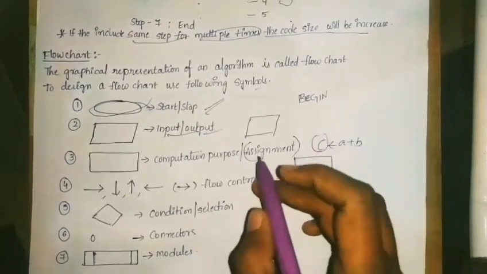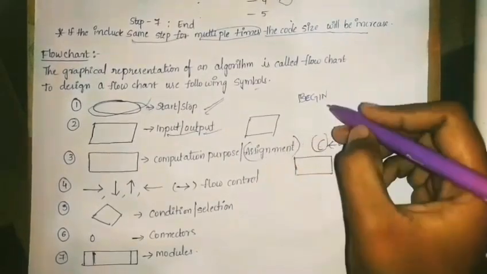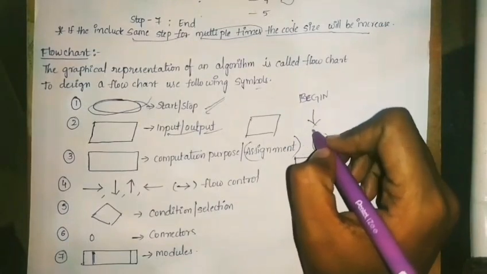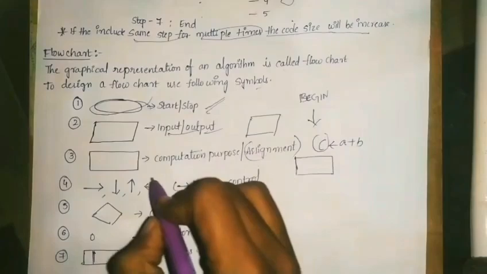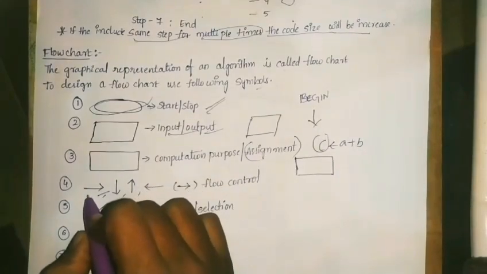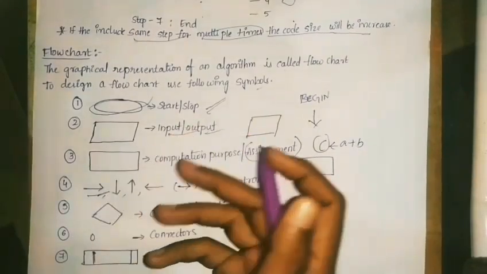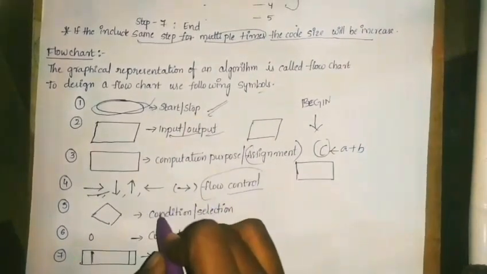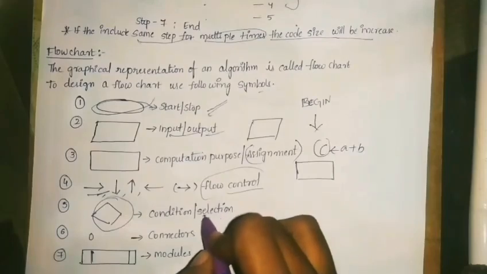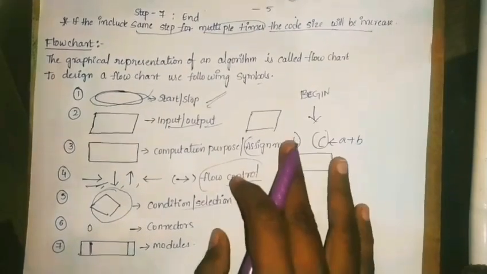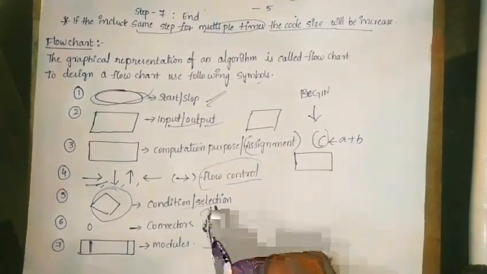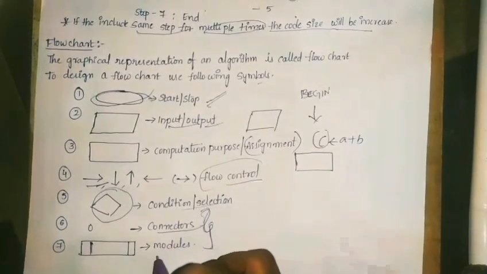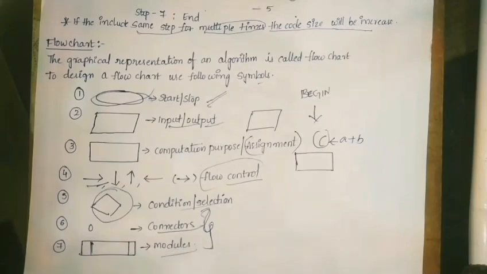For flow control, the steps represent how the flowchart travels, so we use these arrows: side arrow, up arrow, down arrow. Next is the condition. Here we use this symbol for the condition and selection. And these are optional, rarely used concepts: connectors and modelers.